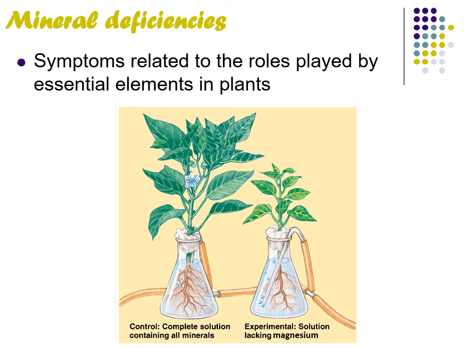The symptoms of a mineral deficiency depend partly on the function of that nutrient in the plant. For example, a deficiency of magnesium, an ingredient of chlorophyll, causes yellowing of the leaves, or chlorosis.